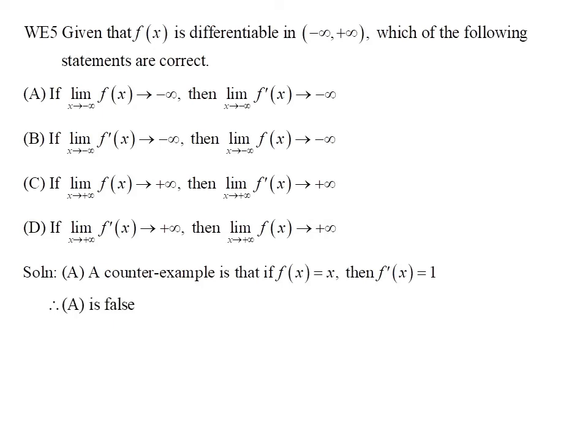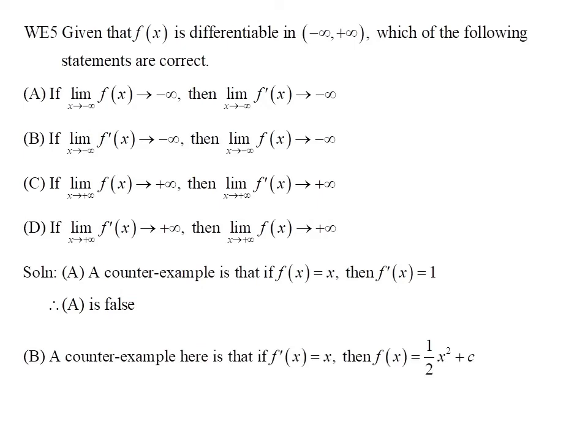Statement B says that if the limit of f prime of x approaches negative infinity as x approaches negative infinity, then the limit of f of x will approach negative infinity as x approaches negative infinity. The counterexample that disproves this statement is that we assume f prime of x equals x.